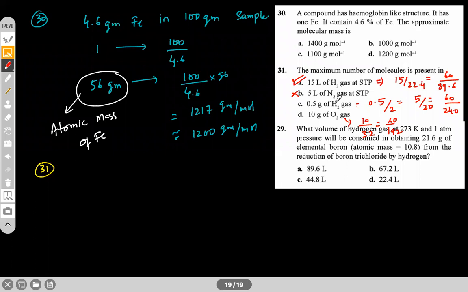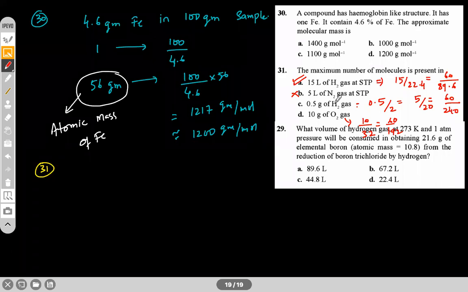Understood? No, you see, the method is not right, because number of moles is volume divided by 22.4 liter. It is only defined at STP.